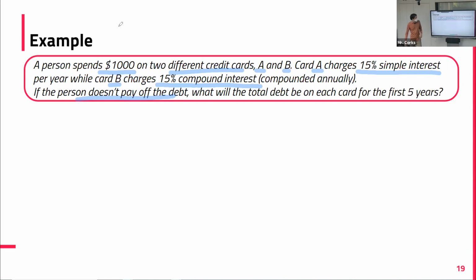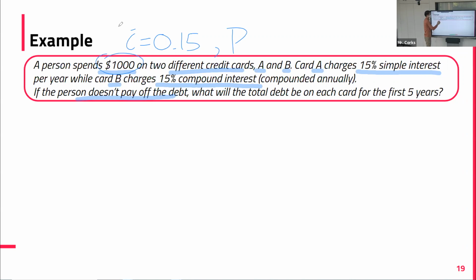Okay, so we'll look at each of these and see what happens. First, let's just pull out the main numbers. What is our lowercase i here? So 15%, we'll write this as a decimal, 0.15. What is our P, our principal? 1,000.